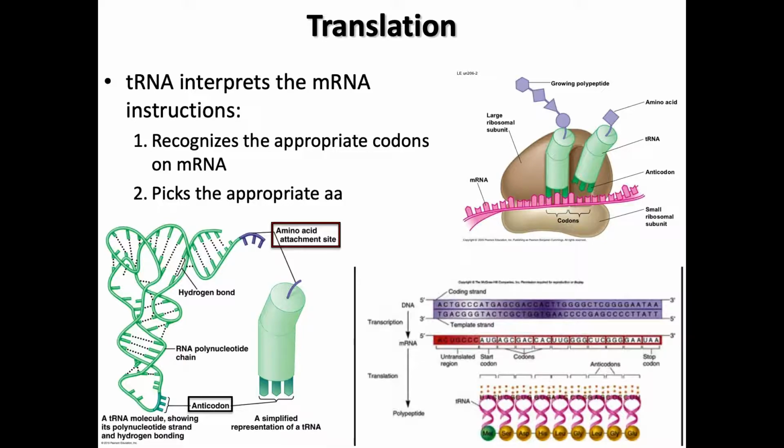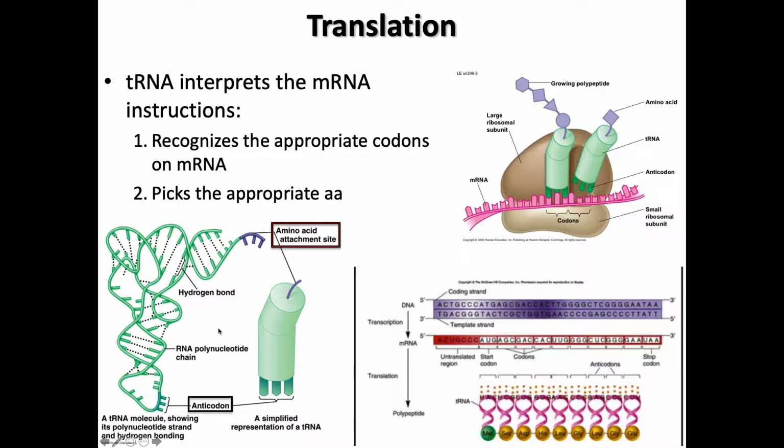There are some key players. One key player is the tRNA, the transfer RNA. This transfer RNA is basically an interpreter of the mRNA instructions on how to make the protein.